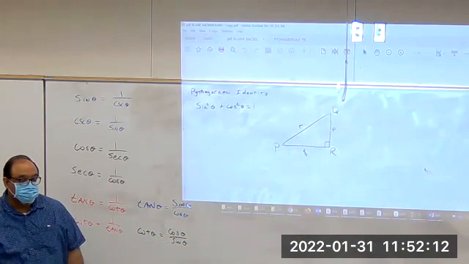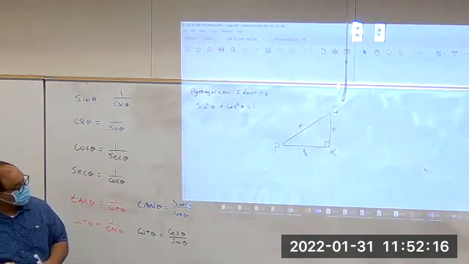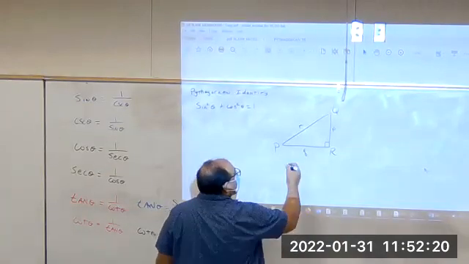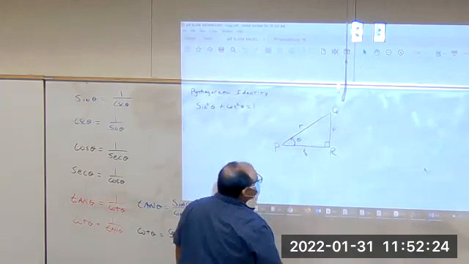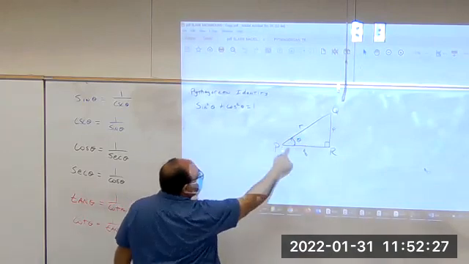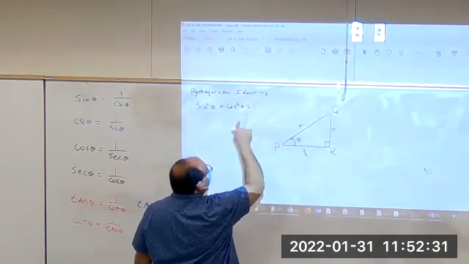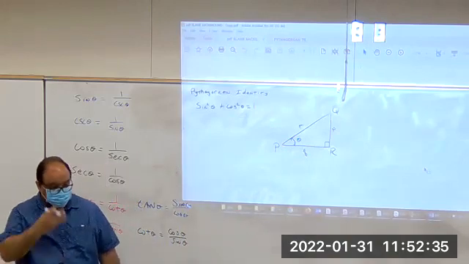Okay? So this is for any triangle. I'm going to label this my angle theta right here. So the sine squared of that angle theta plus the cosine squared of this angle theta adds up to 1. Always. So let's see.